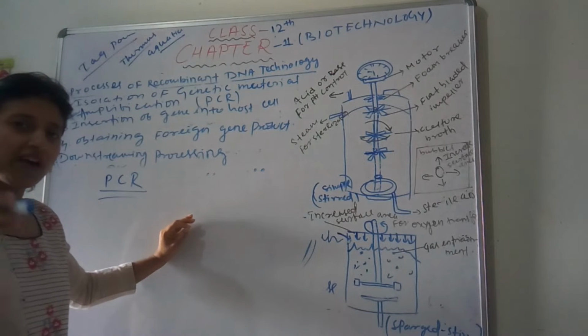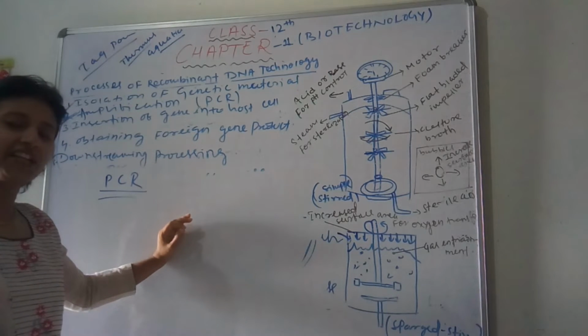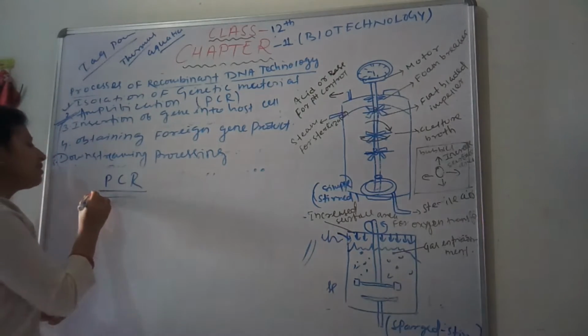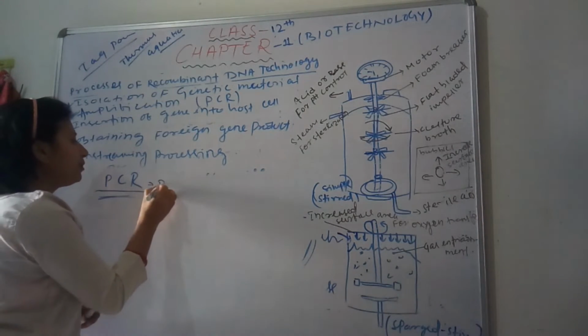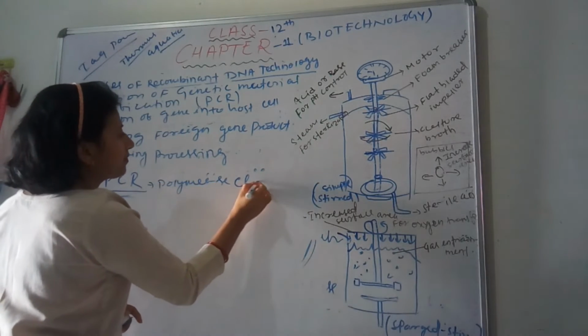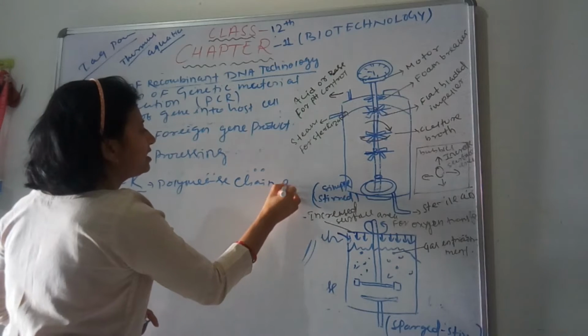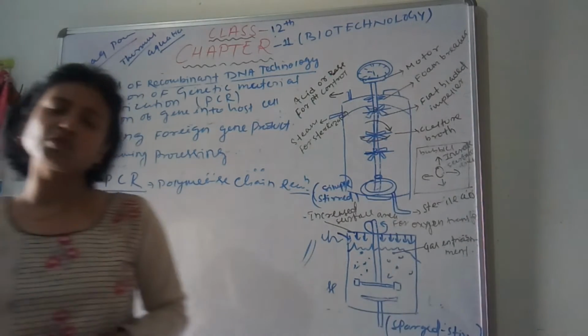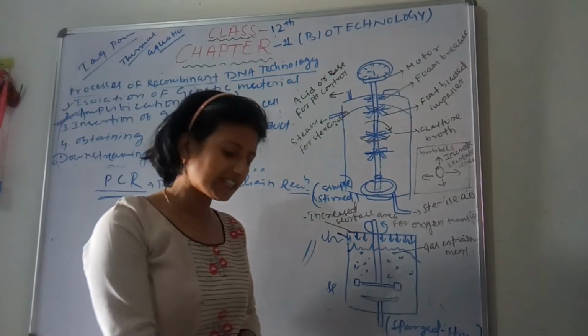Amplification means making one segment of DNA into billions in number. So PCR is the best technique. PCR means polymerase chain reaction, in which some enzymes are used for the process.